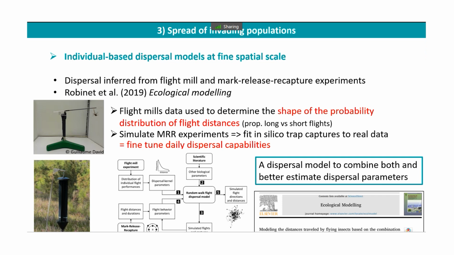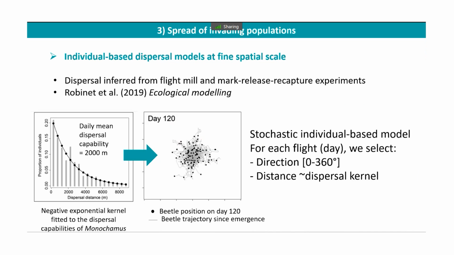Even if at the beginning we thought that the values of the dispersal distance were different between the two experiments, in fact, they were completely in agreement. We didn't even have to fine-tune the parameters because we found relatively correctly the recapture rates found in the field. And we found that the daily mean dispersal capability of Monochamus was 2,000 meters. And you can see that this negative exponential kernel nicely fitted the data.